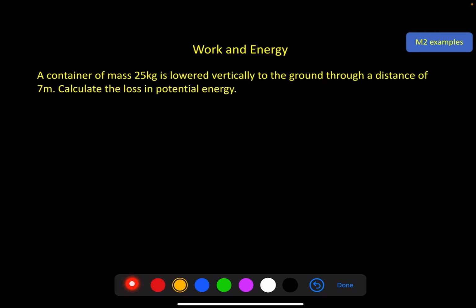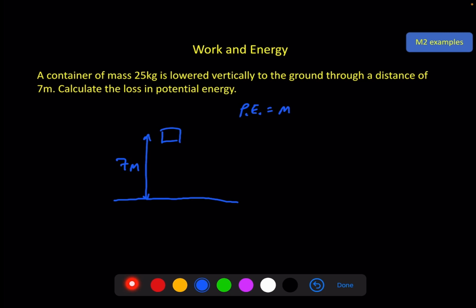Second example, a container of mass 25 kilograms is lowered vertically to the ground through a distance of 7 meters. Calculate the loss in potential energy. Potential energy is equal to mass times gravity times height.